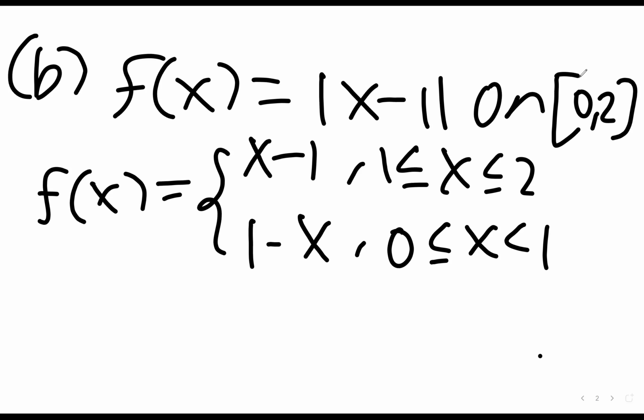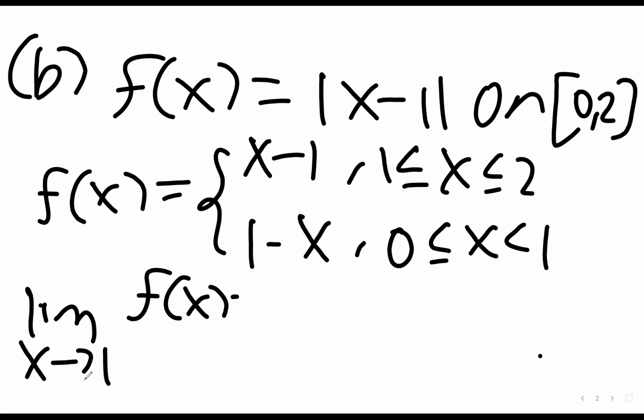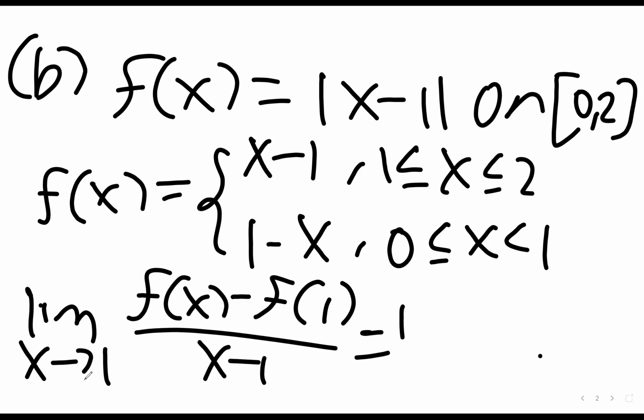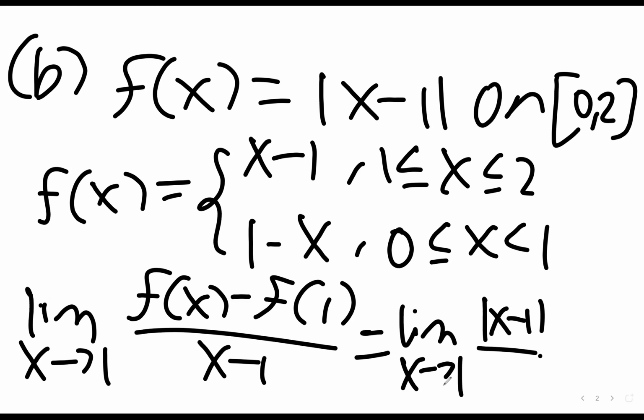Of course, you may draw the graph, or you may check the limit. The limit as x tends to 1 of (f(x) minus f(1)) divided by (x minus 1): here f(x) is the absolute value of x minus 1, and f(1) is 0.